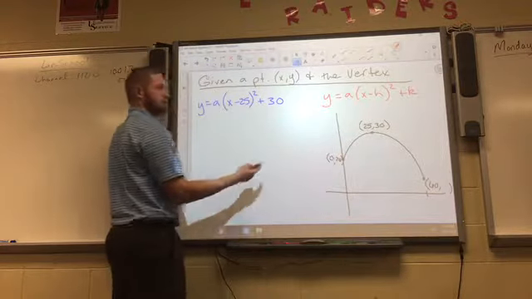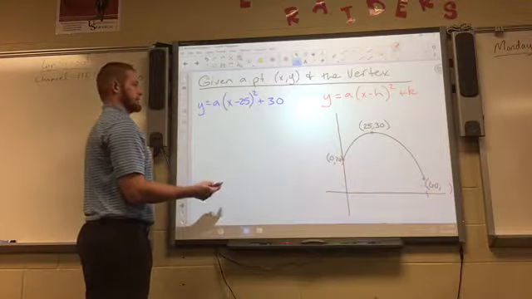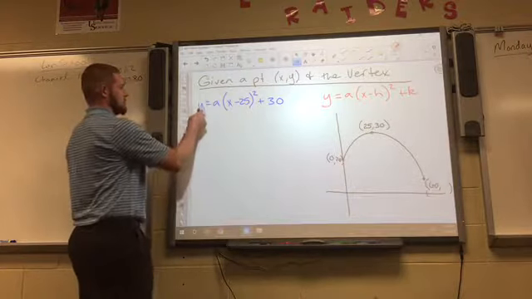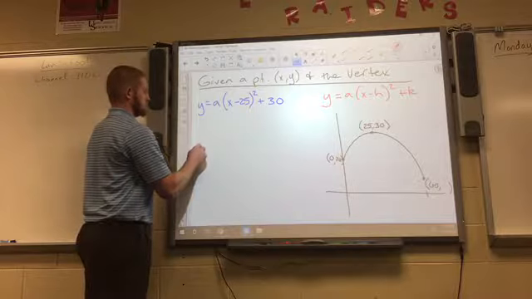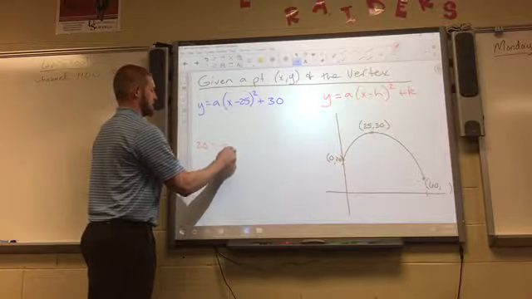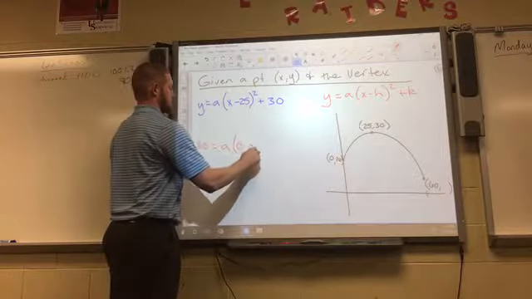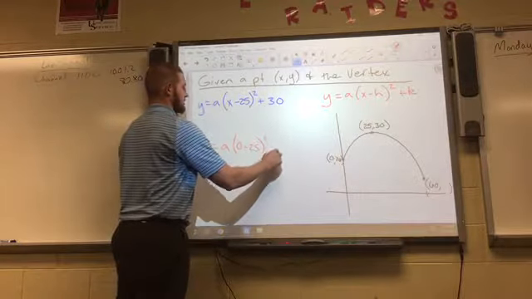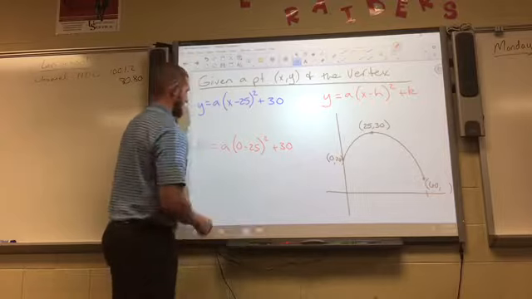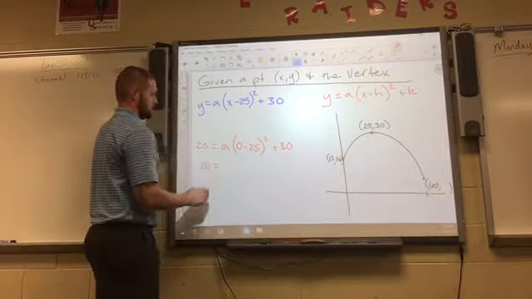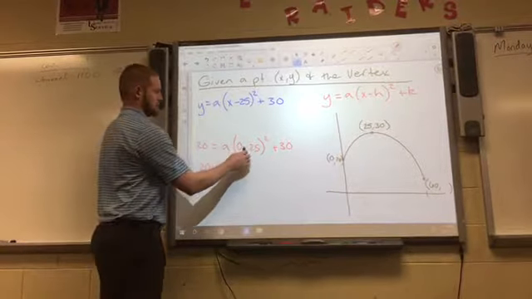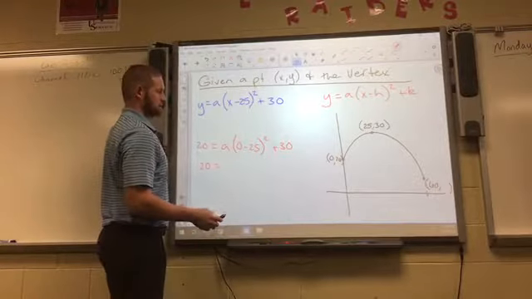They have to give you another point, or you have to be able to find another point for this to work. So my y value is 20. 20 equals a times (0 minus 25) squared plus 30. What is 0 minus 25?